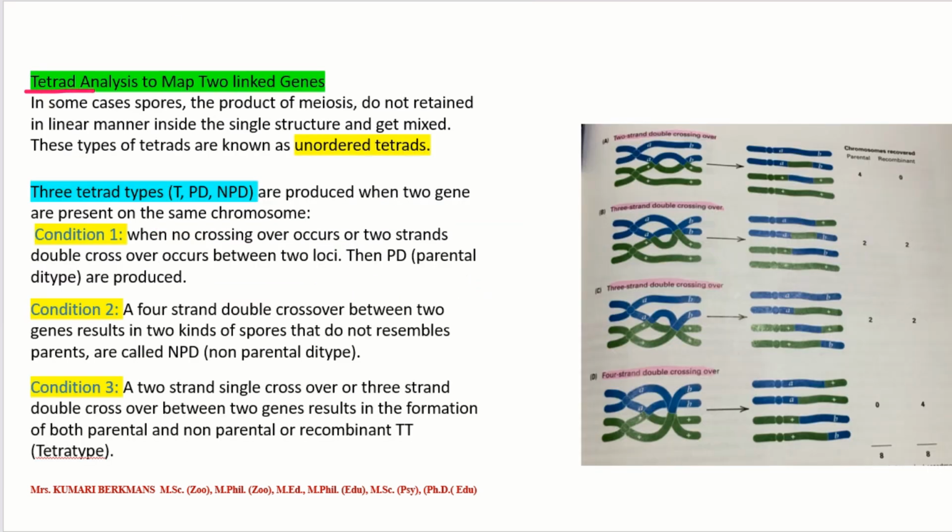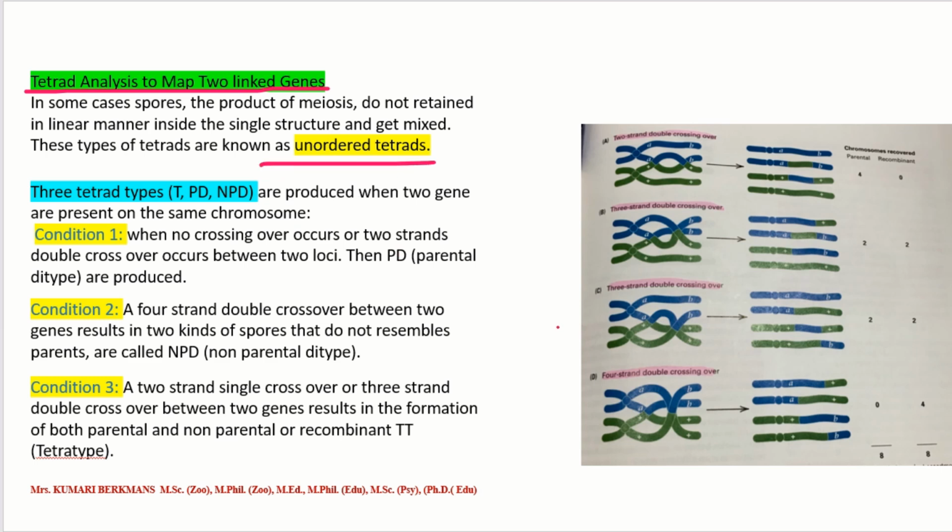Next one, tetrad analysis to map two linked genes. In some cases, the products of meiosis are not retained in a linear manner inside the single structure, and they get mixed. These types of tetrads are known as unordered tetrads. Ordered tetrad we have seen there.